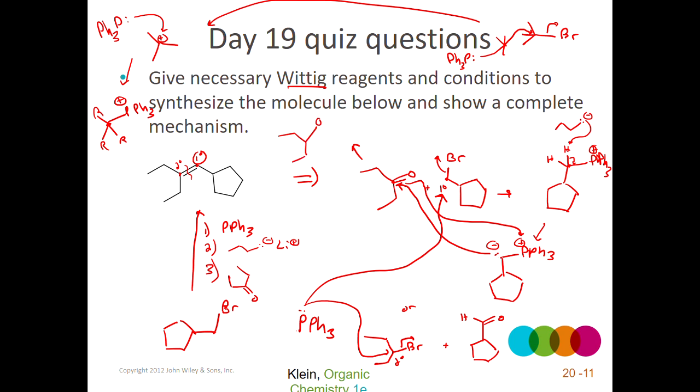So this carbon would attack. There's my four-membered ring. When that carbon attacks here, the electrons swing out to the oxygen and they attack the phosphorus.